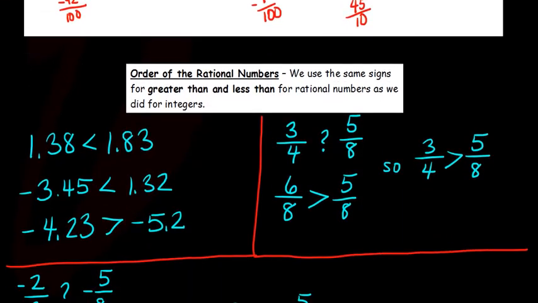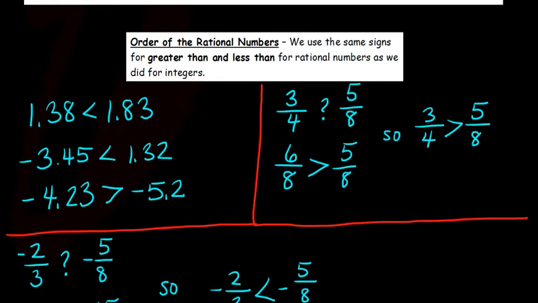We can also compare rational numbers. Some are greater than others, some are less than others. We're going to use the same signs we do for integers. And you look at where they fall on the number line to decide if it's greater or less. So 1.38 is less than 1.83 because it has a smaller number in the 10th place.